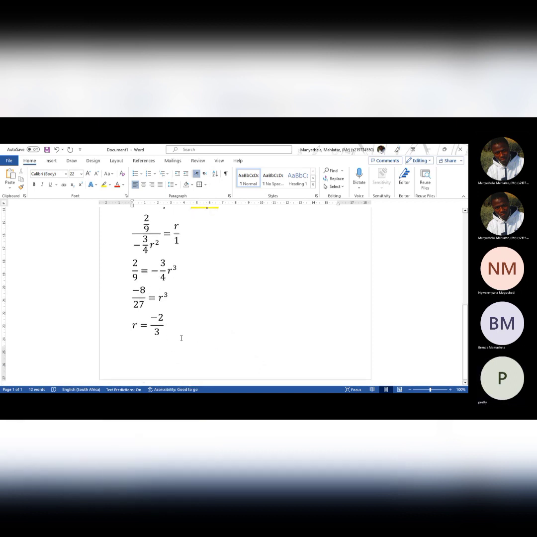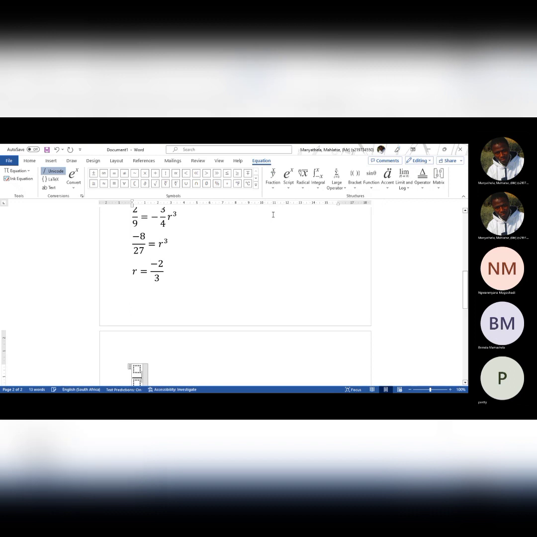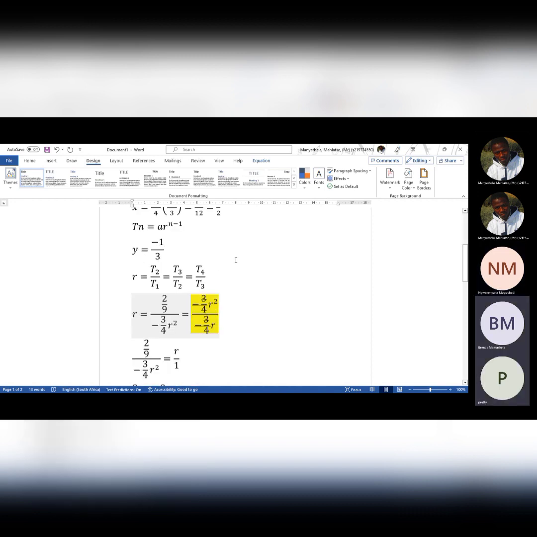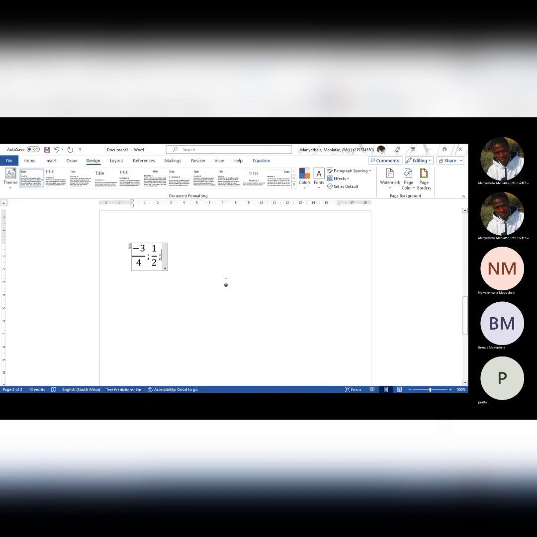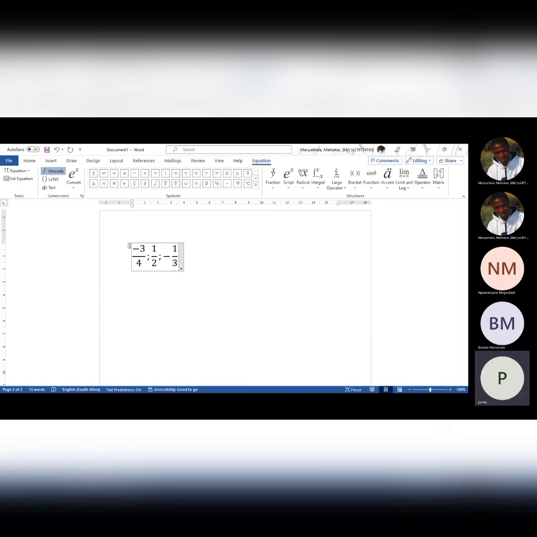We can prove it. The equation reveals negative 3 over 4. x is 1/2 again, and y is negative 1/3, then we get 2/9 again.